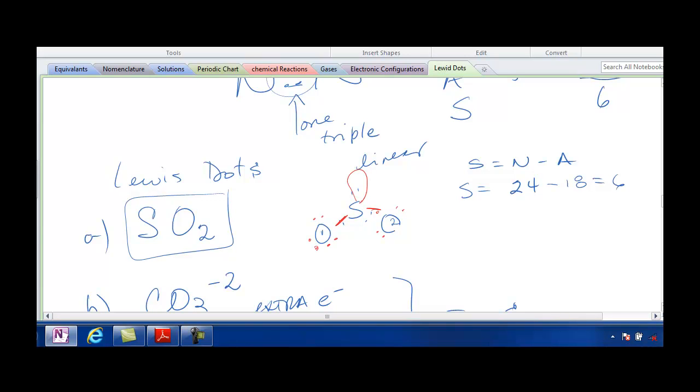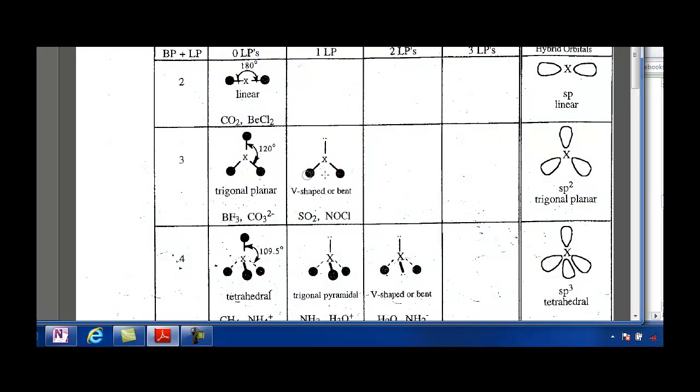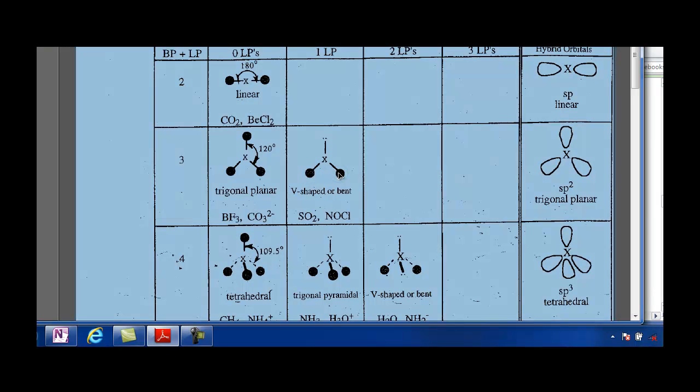Okay, so after I do my Lewis, I go back to my handout. Sulfur's in the middle, then I have an oxygen and an oxygen. The electronic geometry for SO2 is what? Trigonal planar. So all these guys are trigonal planar electronic geometry.